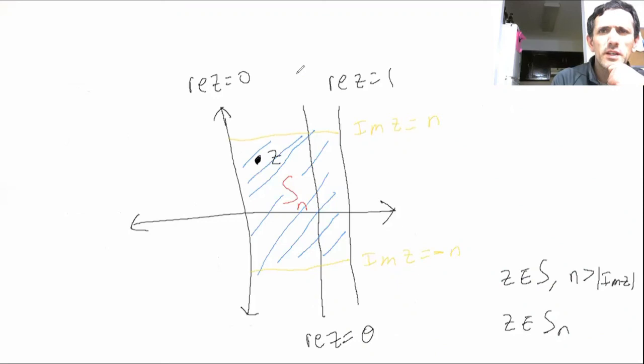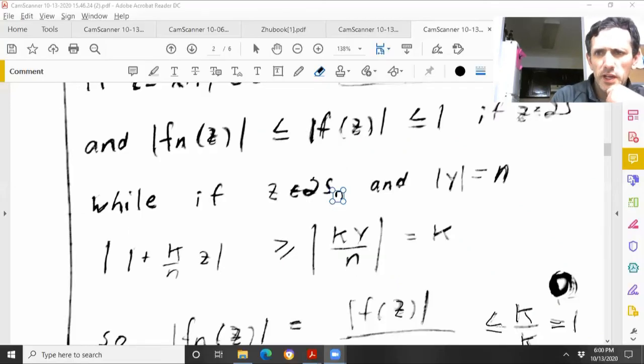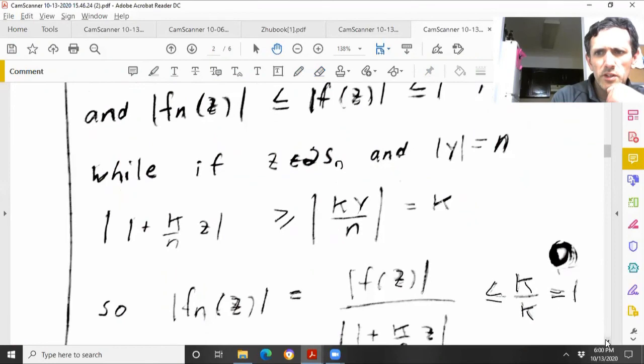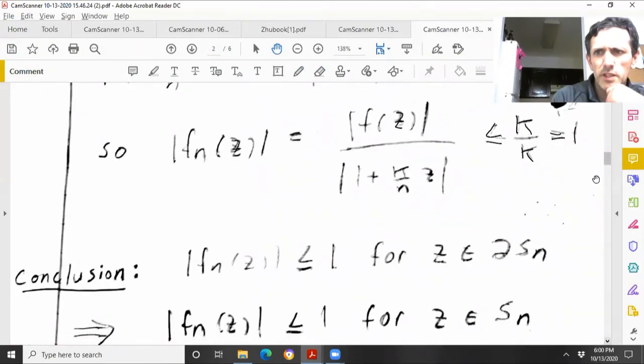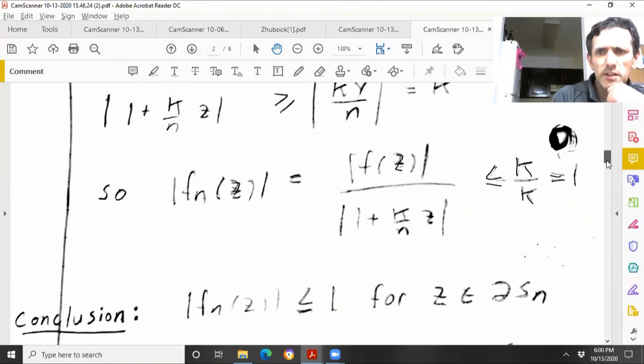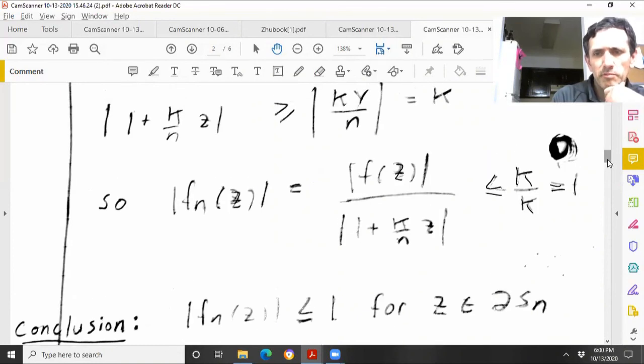Okay, right, so again, the conclusion is that we have a holomorphic function on Sn, the interior of this rectangle.